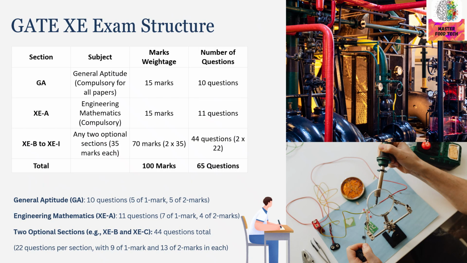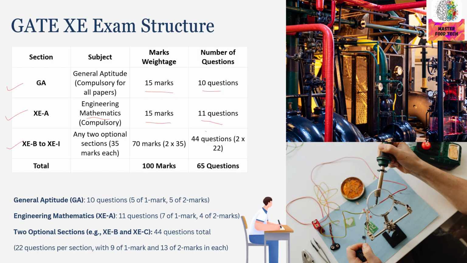Next is the GATE XE exam structure. Here, first one is general aptitude, same as XL, which is of 10 questions. 5 questions of 1 mark and 5 questions of 2 marks, total of 15 marks. Next is engineering mathematics. In XL, you will find chemistry, but here in the XE paper, you will find engineering mathematics. Here you will have 11 questions, 7 questions of 1 mark and 4 questions of 2 marks, and the total weightage is 15 marks.